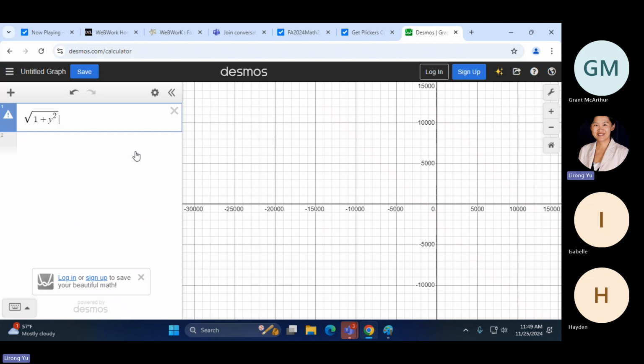To the power 3, which equal to 2y. Solving this, all right.